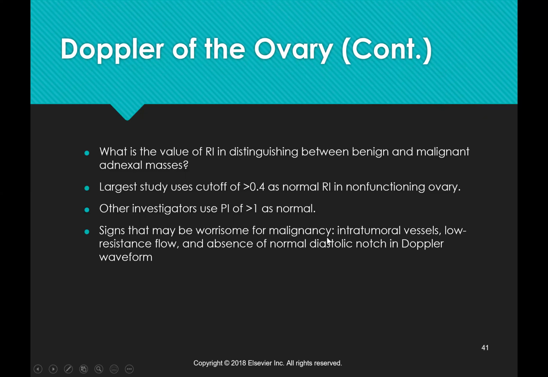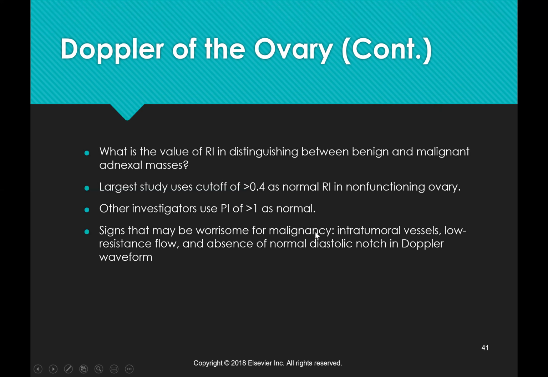And we talked about this a little bit, where a normal ovary is going to have a high systolic, low diastolic flow. But when there's ovarian malignancy, or even during the luteal phase when the corpus luteum wants more blood flow, it becomes a low resistance flow.